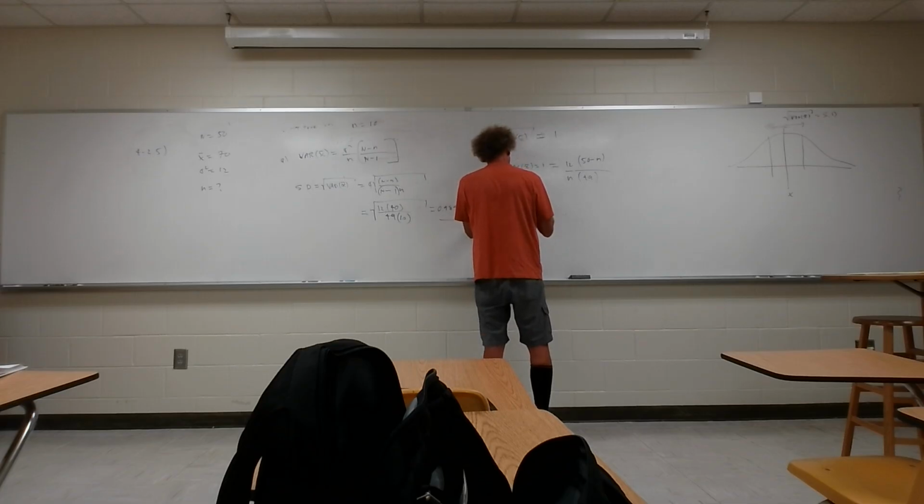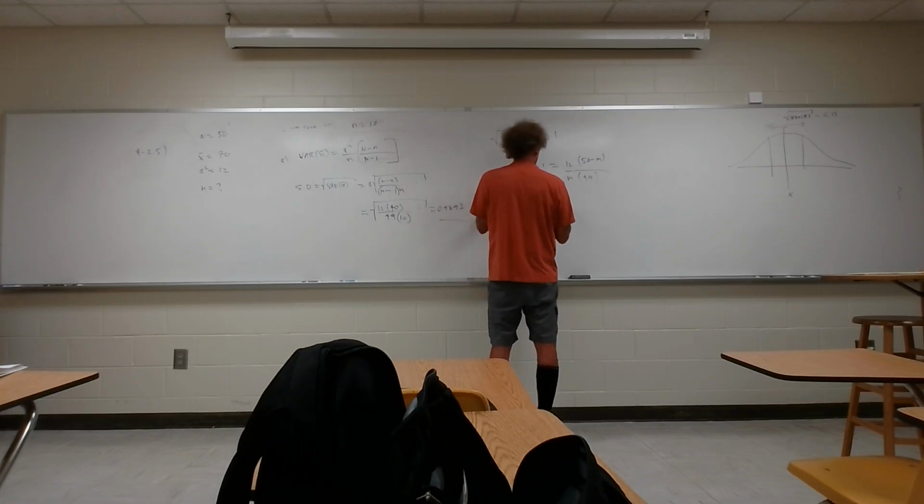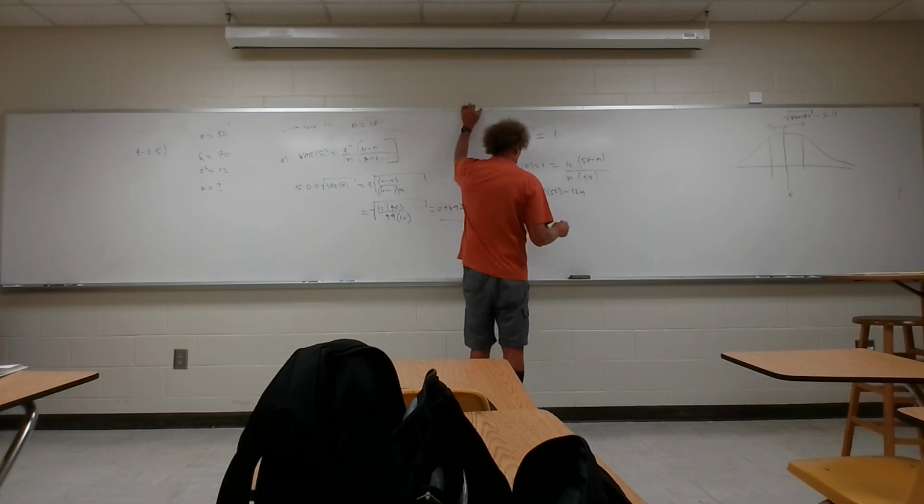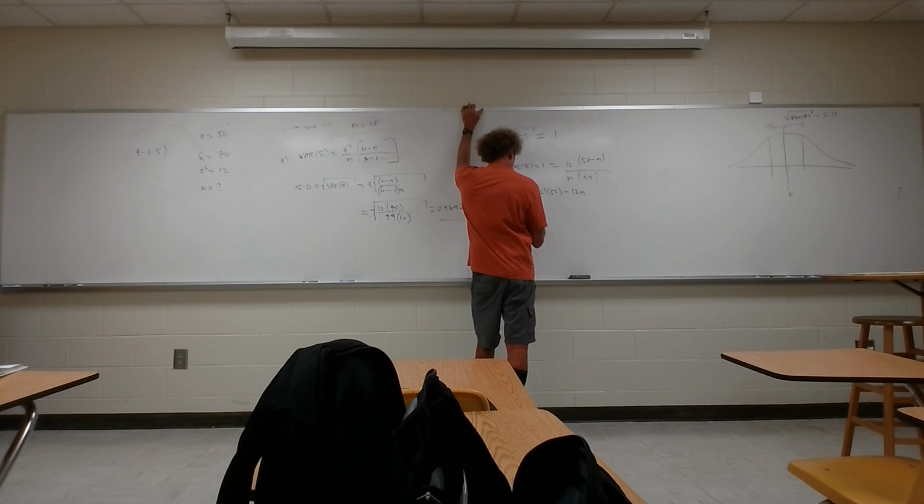So 49n is equal to 12 times 50 minus 12n. That's going to be 61n equals 12 times 50. And that's n equals 12 times 50 over 61.